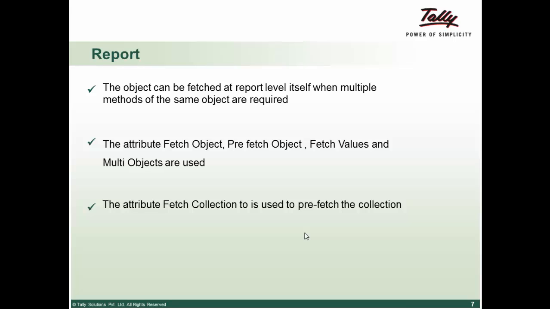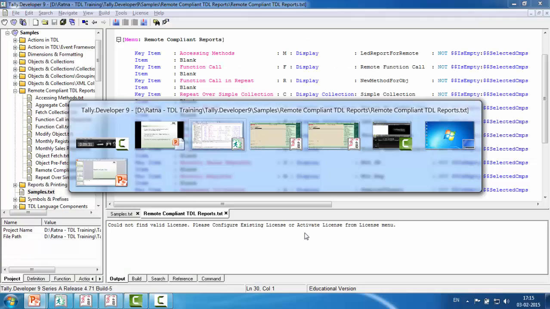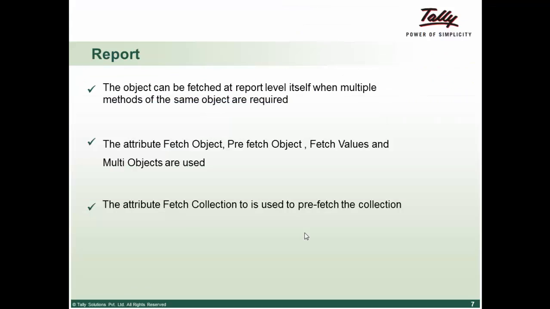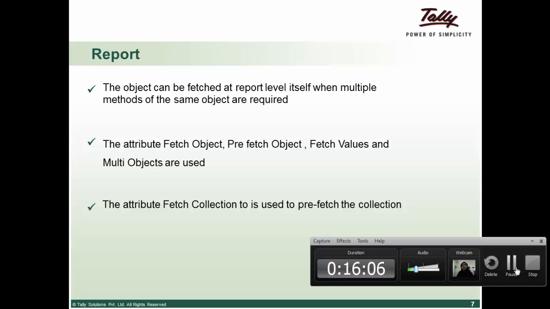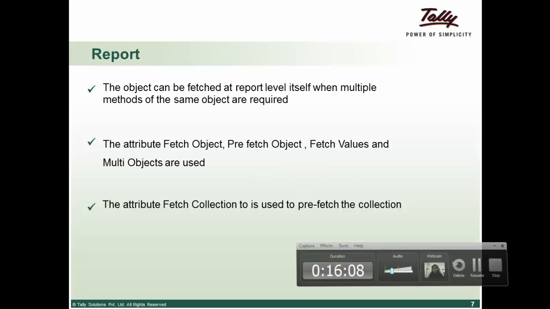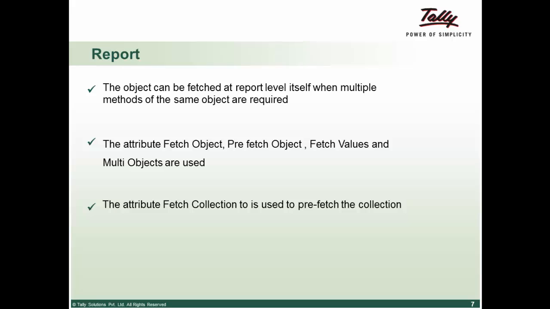There is another attribute called fetch collection to fetch the collection at the report level, right? Depending upon the utility that we have, we would be using each attribute. Again, all attributes are not mandatory to be used. Depending upon your requirement, you would be using each of these attributes.